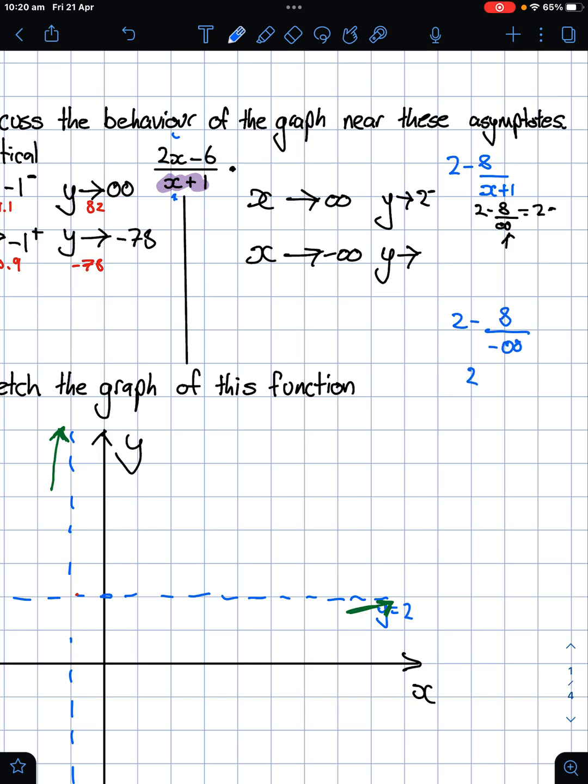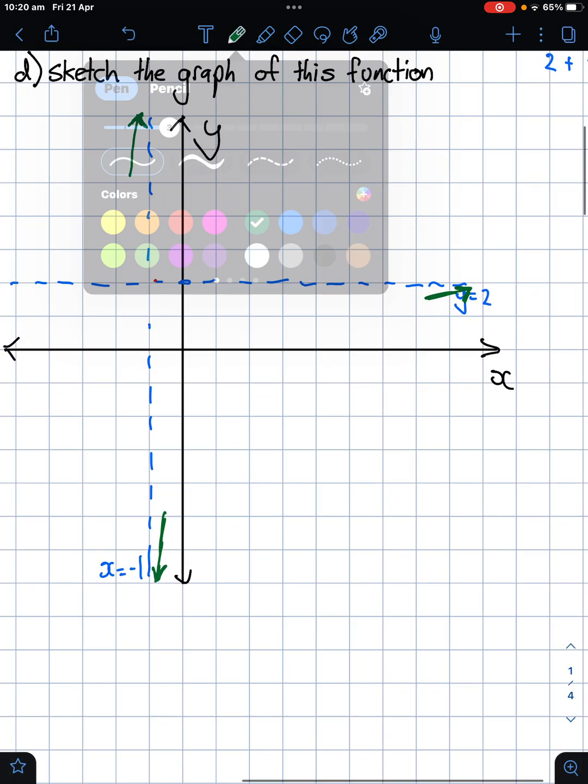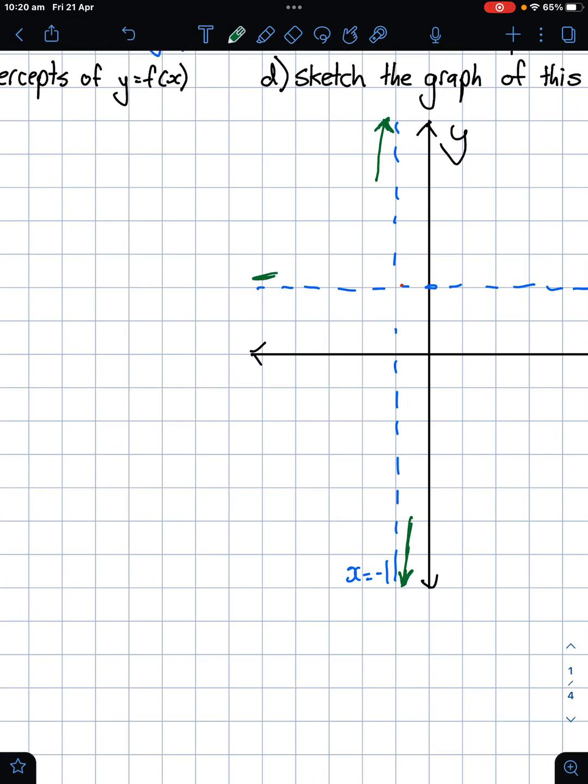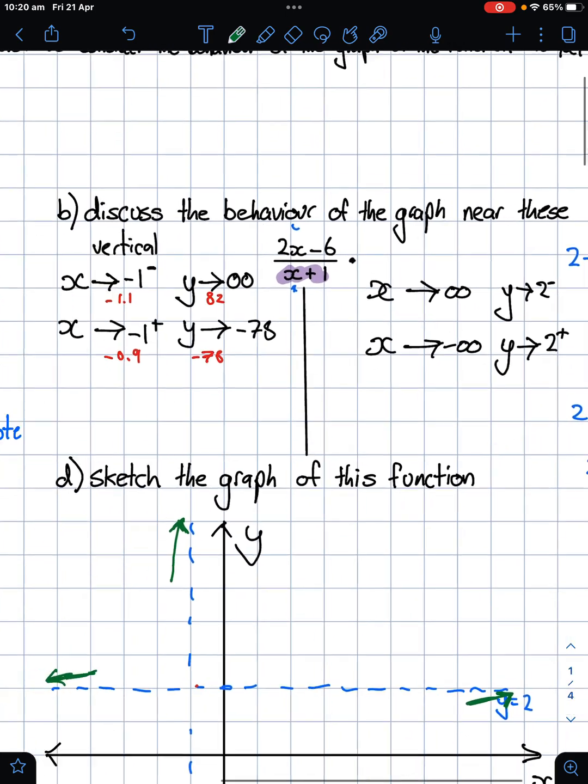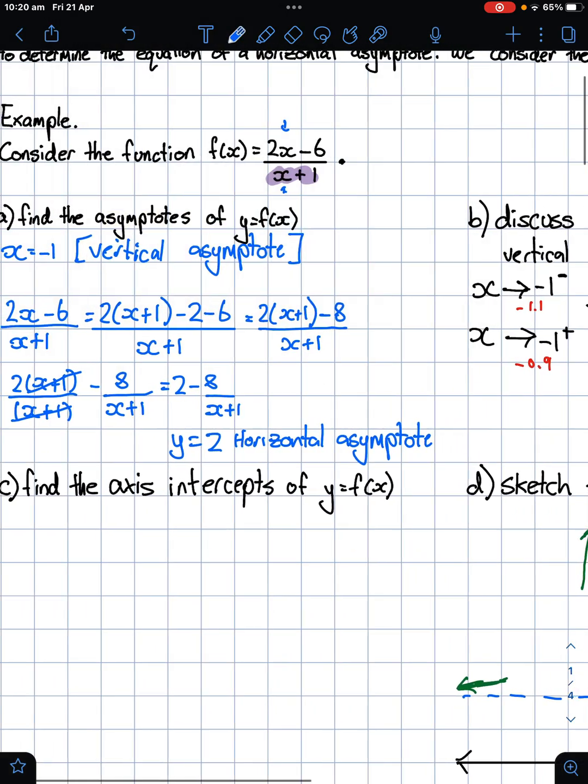Now, this is 2 plus a minuscule value because we've got this negative and this negative. The two negatives make a positive. So that means we're going to be approaching 2 from the positive side. So that means down here, we're going to be above 2. And so I've now got my asymptotes in there. So this bit's done, and we've considered that behavior.